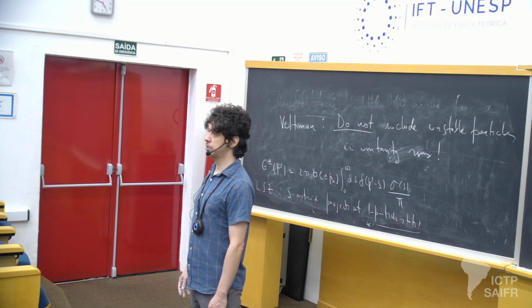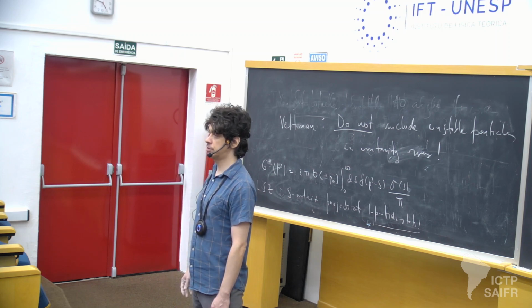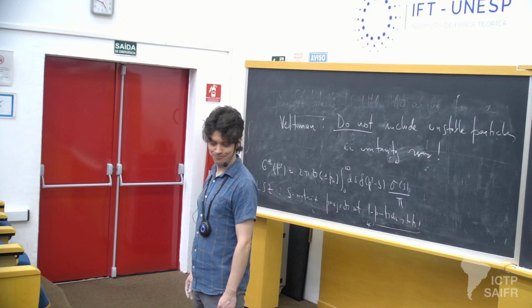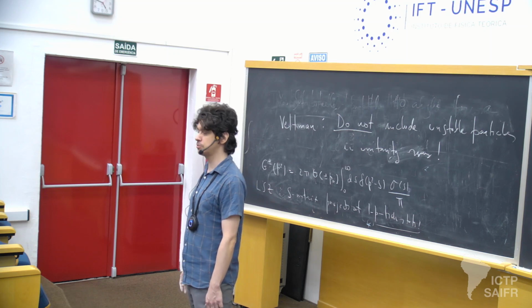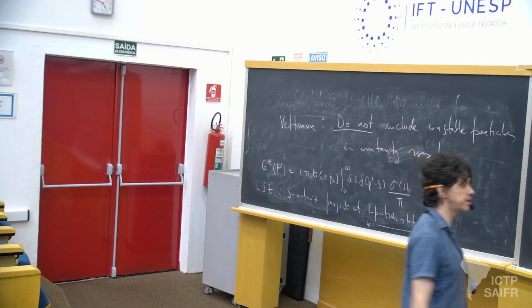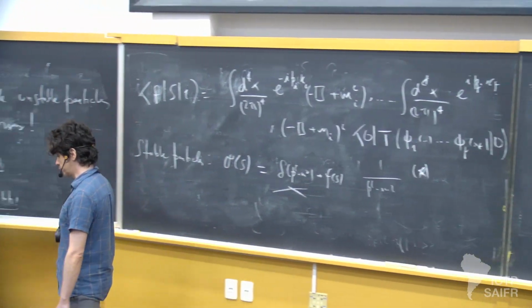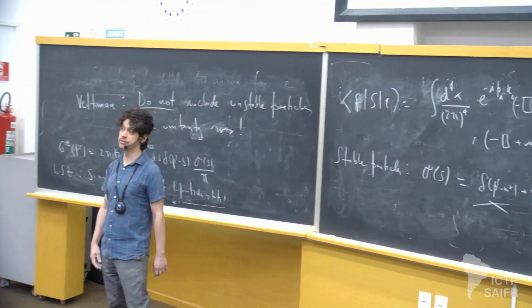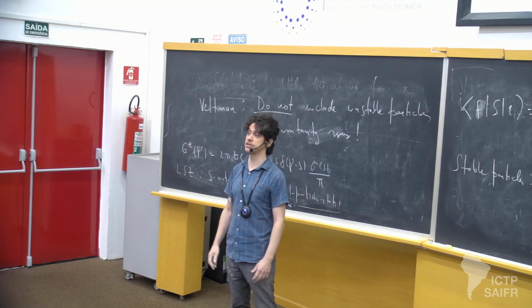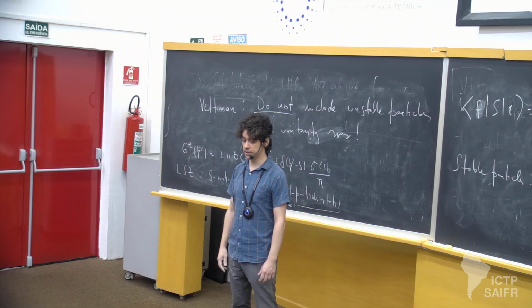In Minkowski space, you shouldn't expect... No. In curved space it is something else, because in curved space, you don't know how to define a particle in a general sense. You don't have, in a general sense, time-like Killing vectors available for you.